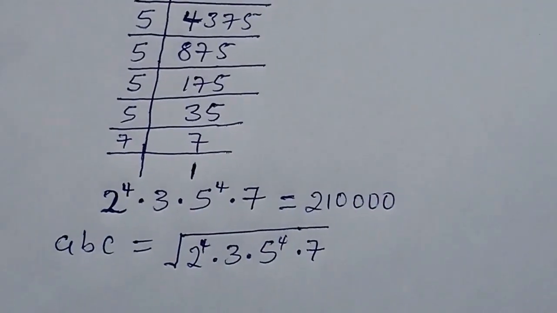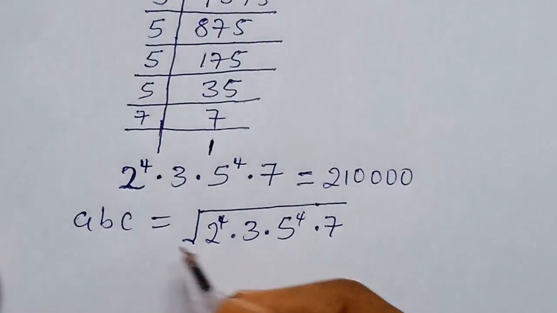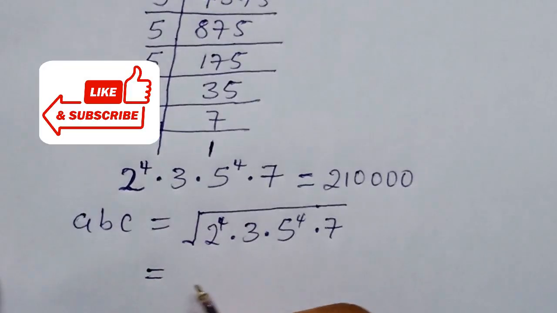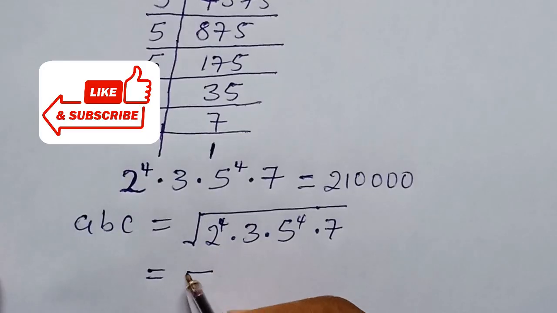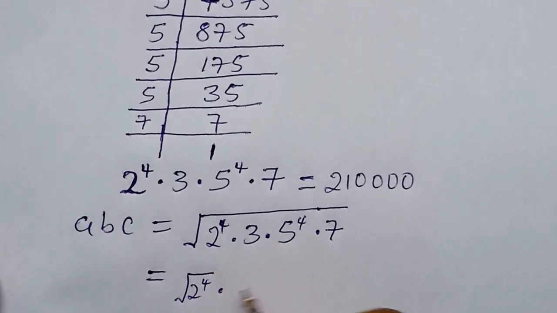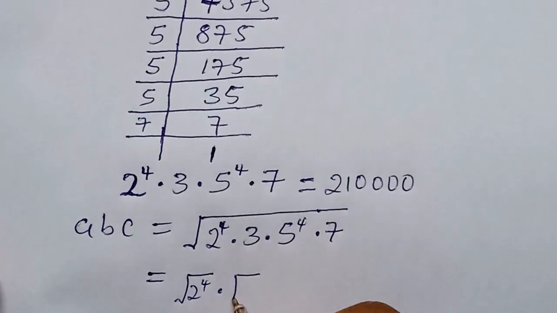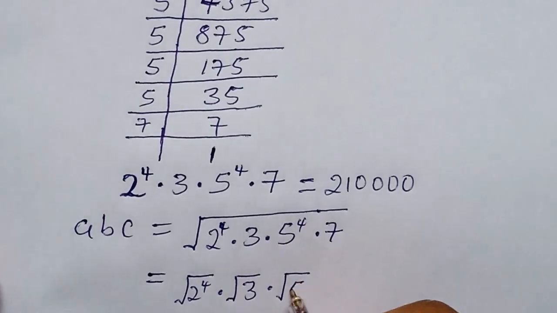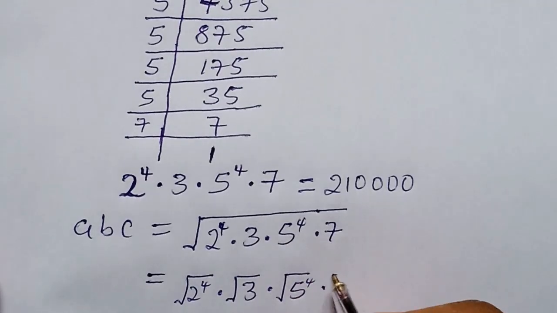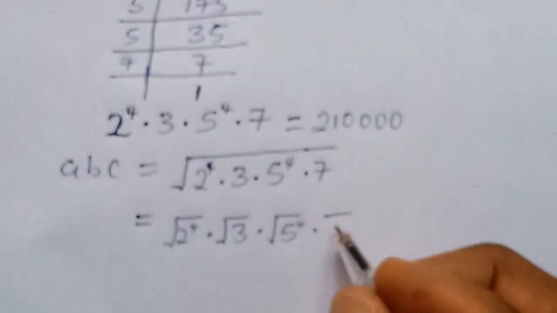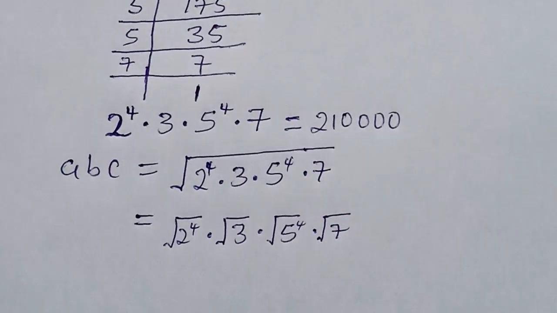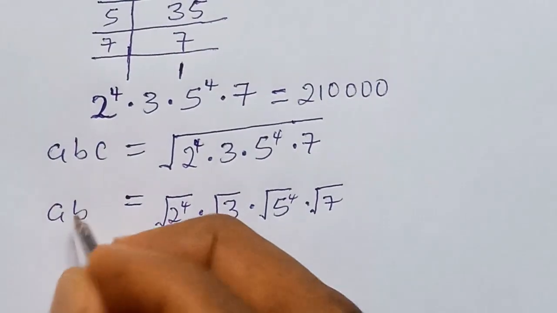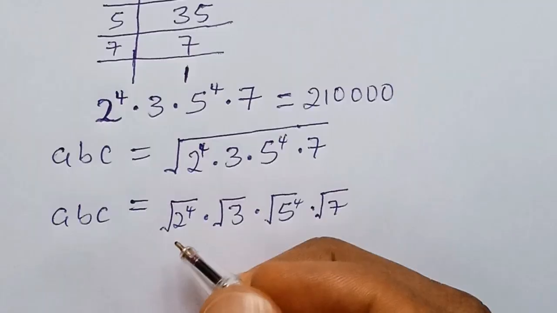So I will have this expressed as square root of 2 power 4 multiplied by square root of 3 multiplied by square root of 5 power 4 multiplied by square root of 7. And this is equal to ABC.